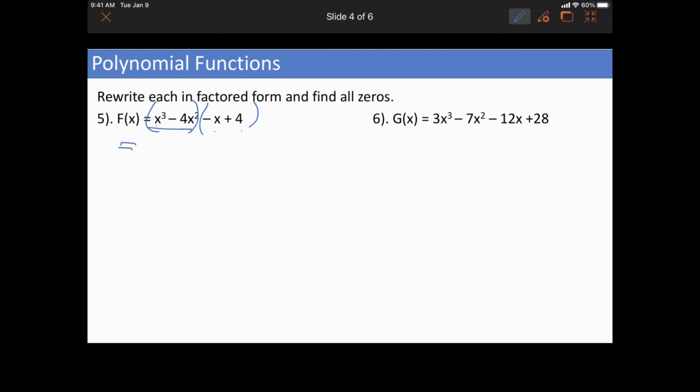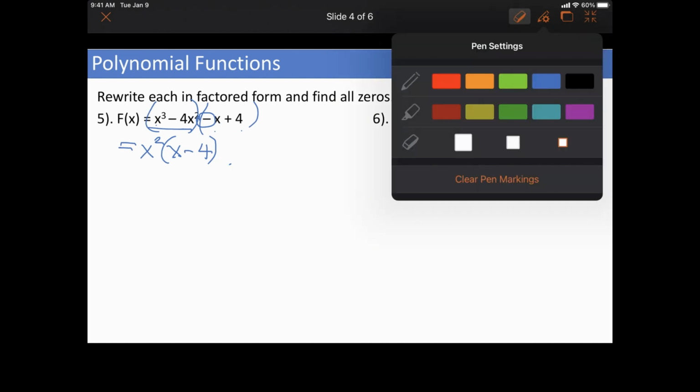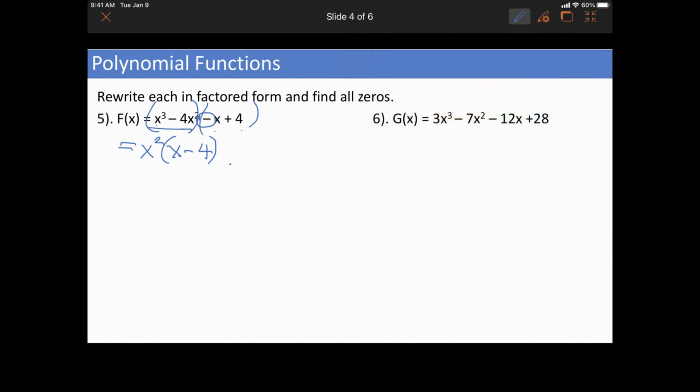So in common, I have x squared, and then I have x minus 4. And then over here, I have that negative. What's the rule? Factor that out. Now, there's nothing else in common, so we're going to factor out a negative 1. Negative x divided by negative 1 is positive x. And 4 divided by negative 1 is negative 4.